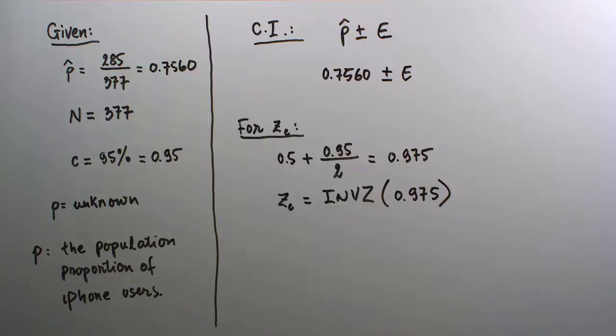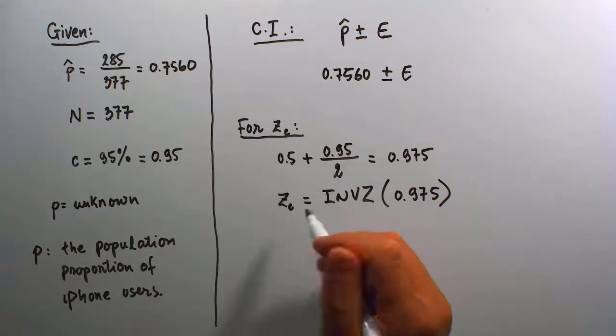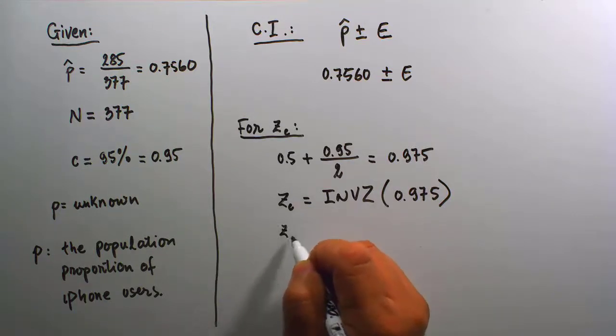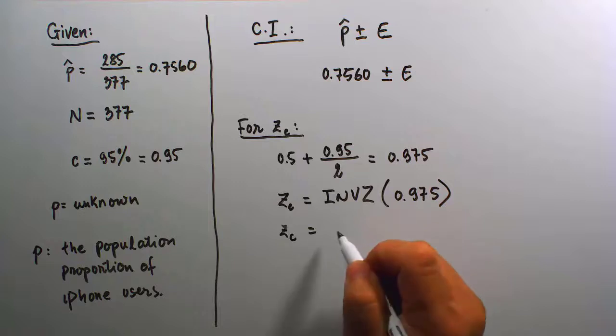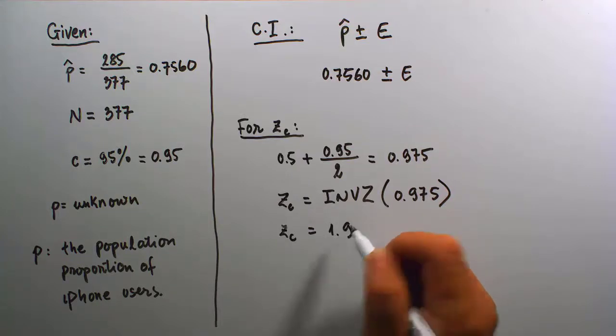And so I only need 3 decimals here. That means my final z sub c is concluded to be 1.96.